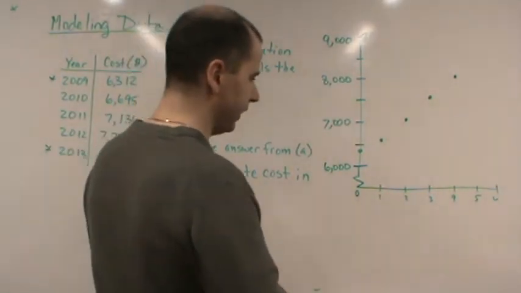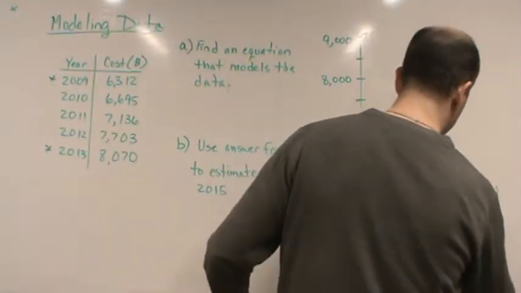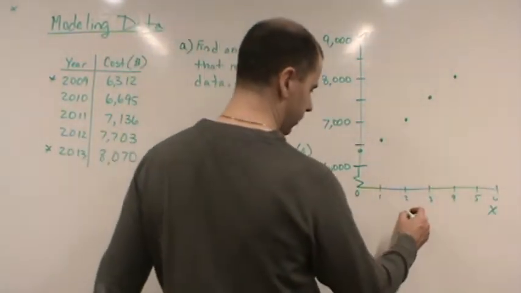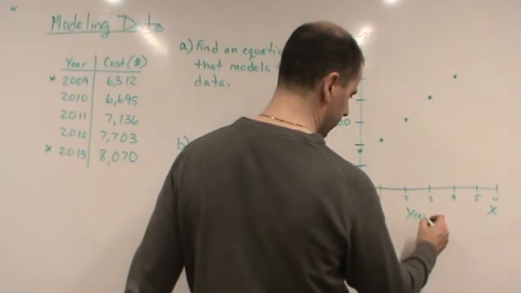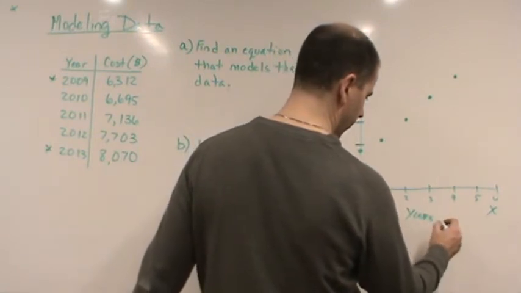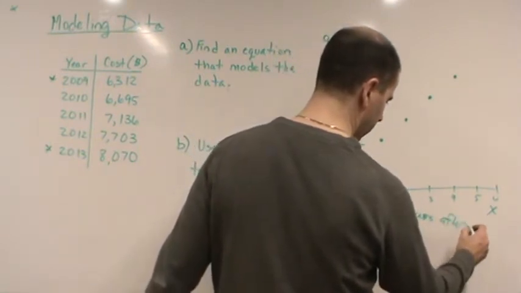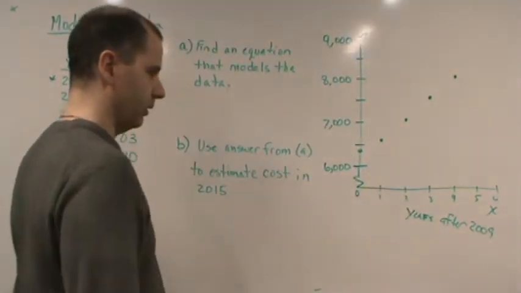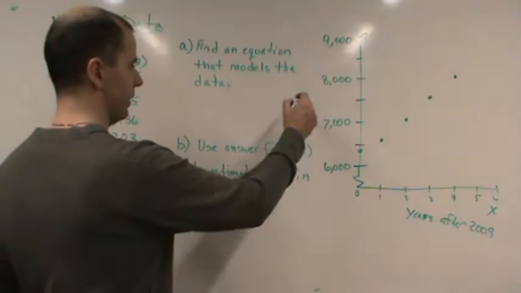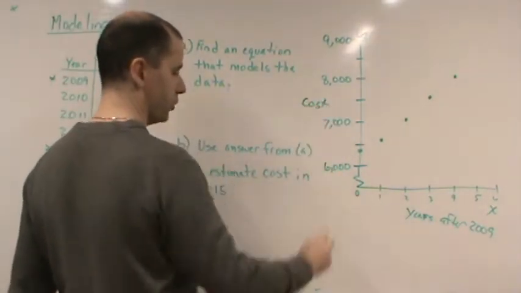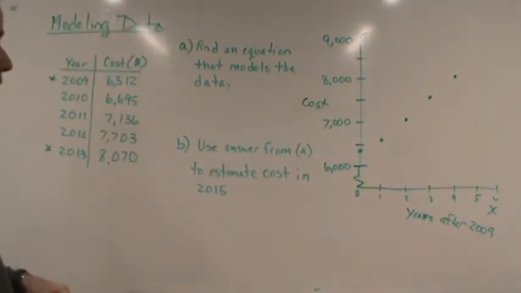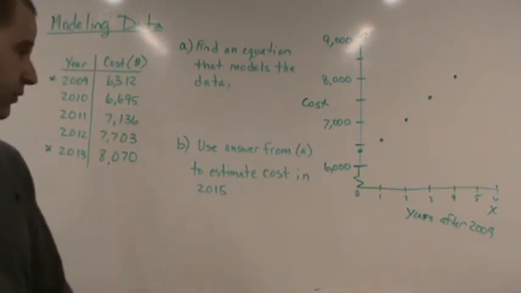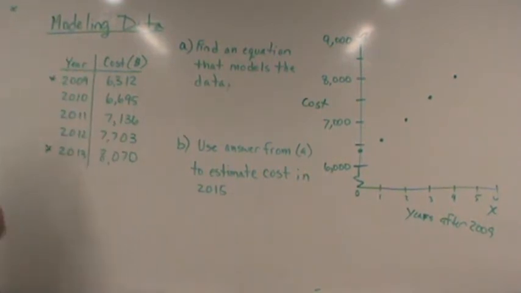So x represents years after 2009, and of course, this here is the cost for tuition and fees for a public four-year university. So this is our data.